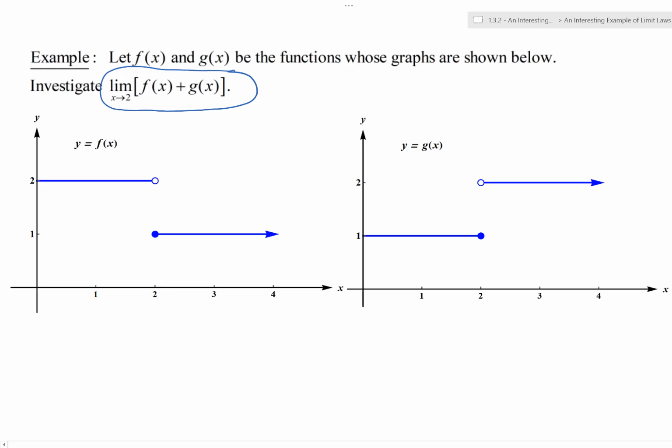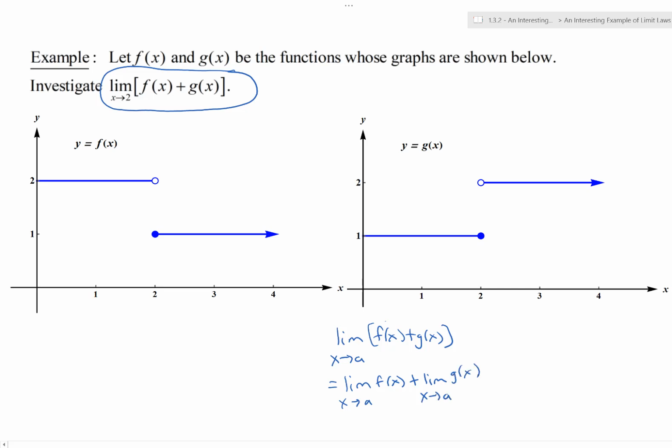we have the limit laws for sum, right? The limit as x goes to a of the sum of two functions, f of x plus g of x, in general, well, that's going to be the limit as x goes to a of f of x plus the limit as x goes to a of g of x.